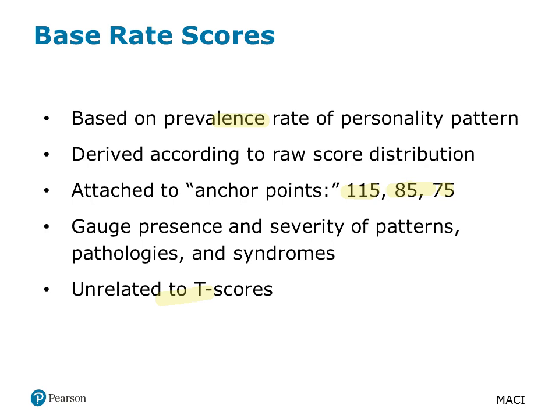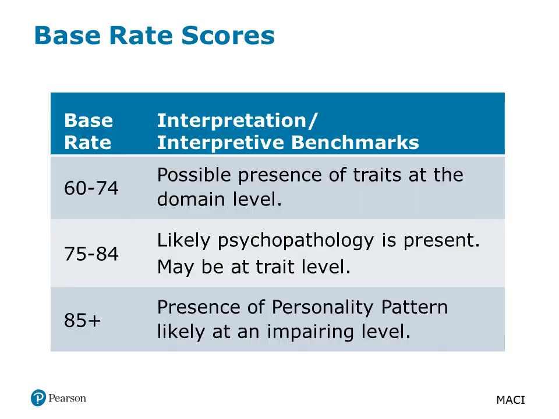If you think about base rates greater than 75, we would interpret that base rate to mean that the personality pattern is either present or possibly prominent. So we'll use the base rates to gauge both the presence of a personality pattern and also to give us some idea about the severity of the personality pattern as well as the clinical syndromes.